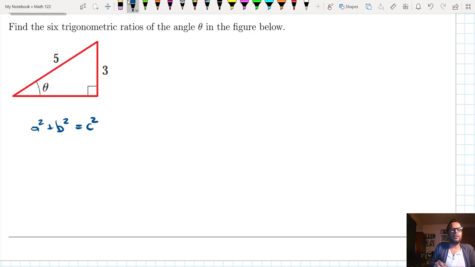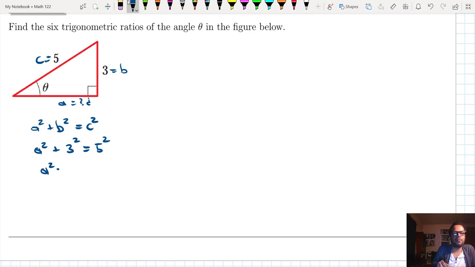We don't know what a is; that's what we're looking for. You can think of b being 3, and the hypotenuse is always c. So a squared plus 3 squared equals 5 squared.